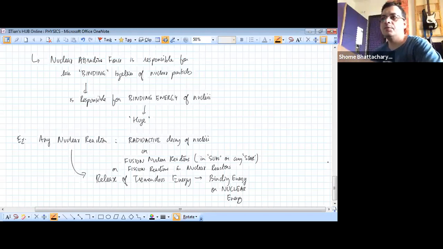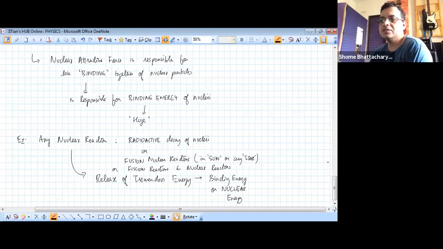So for example, if you compare a DC dynamo, or a hydroelectric turbine with a nuclear reactor, the amount of energy that you are getting from those kind of reactors, like a hydroelectric turbine or a dynamo or something like that, is much less compared to the kind of energy that you're getting from a very small amount of nuclear material undergoing a nuclear reaction in a nuclear reactor.